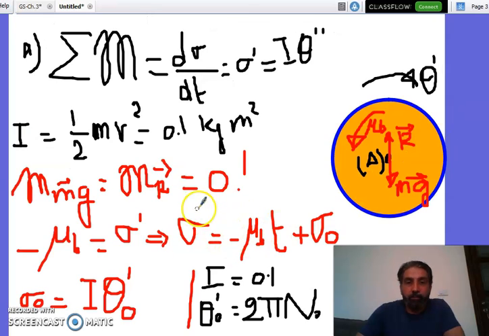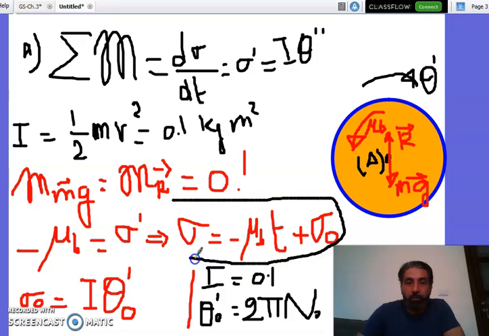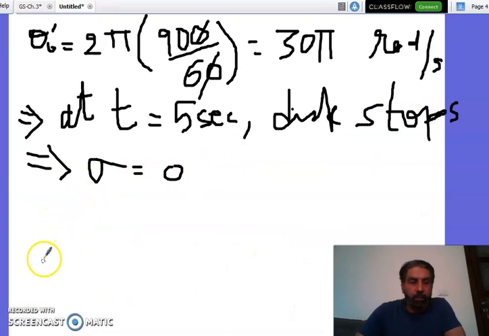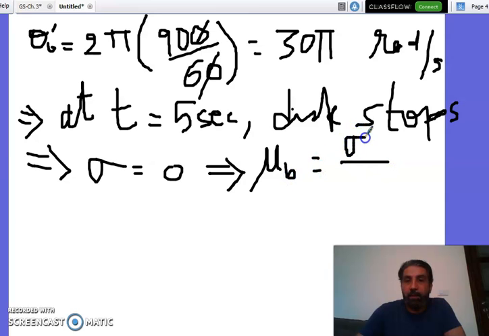Here it is. Here is 0 and time is given 5. Also we have calculated this 30 pi, I think. So we can calculate the moment. This will imply the moment of the breaking couple becomes sigma 0 over I. Okay?